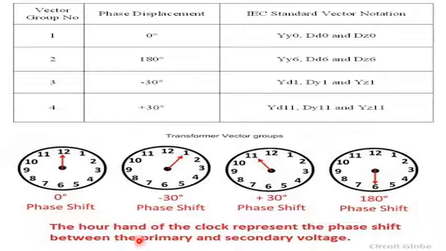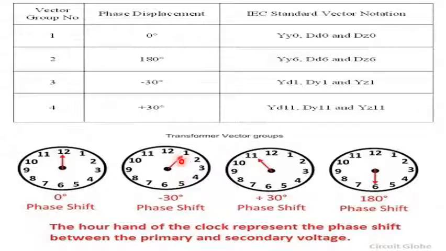This diagram represents the upper end of the clock, which shows the phase shift between the primary and secondary voltage. Here only the upper end is shown, because the minute hand is fixed at 12 o'clock only, as we discussed in the earlier slide. Here both are overlapped since it is 0 degree. With the minute hand fixed at 12 o'clock, our hour end is at 1 o'clock, so that is minus 30 degree phase shift.